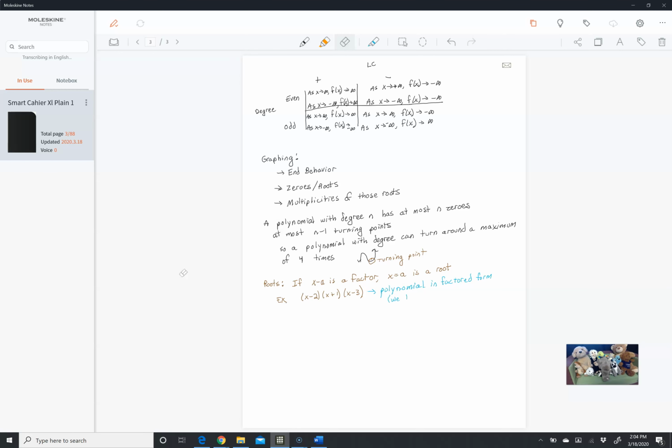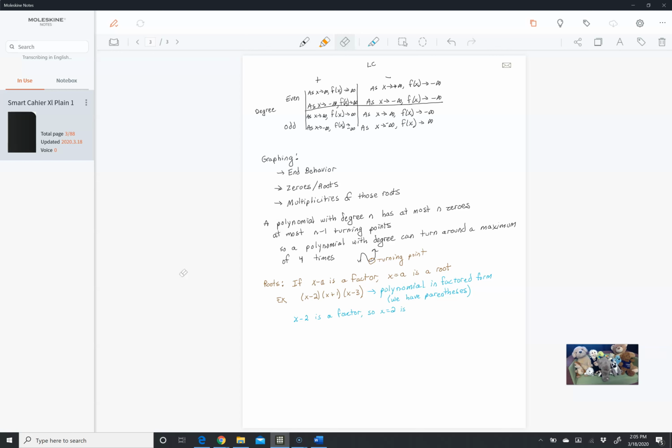In standard form, you do not have parentheses. So we're saying x minus 2 is a factor. So x equals 2 is a root.